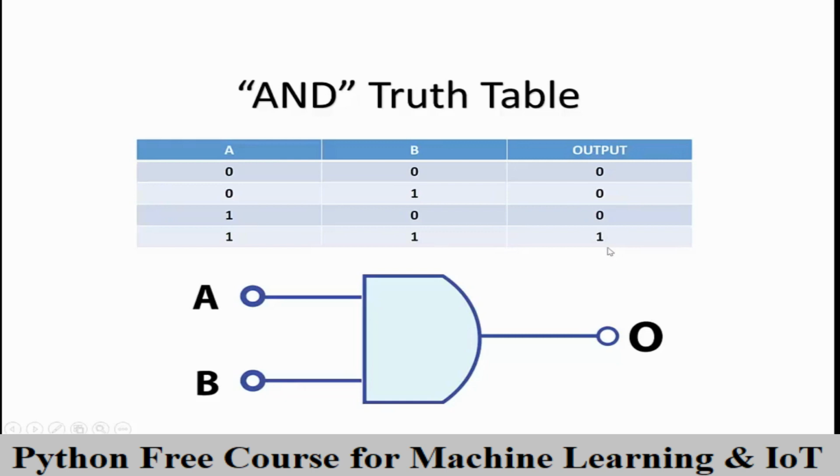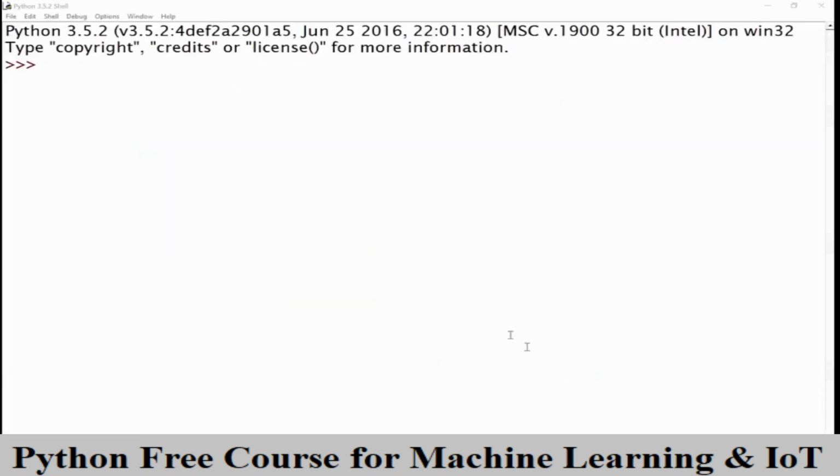Let me show you an example of this in our Python code. So as an example, let's say we have C is equal to 10 and we have D which is equal to 5. Now if we have an if statement like this, if C is greater than 10 and D is greater than 1, print it worked.